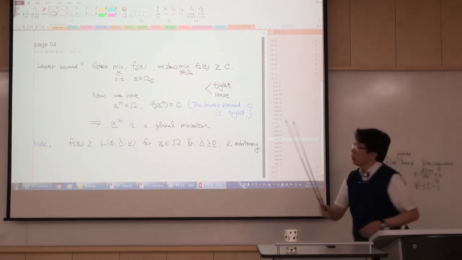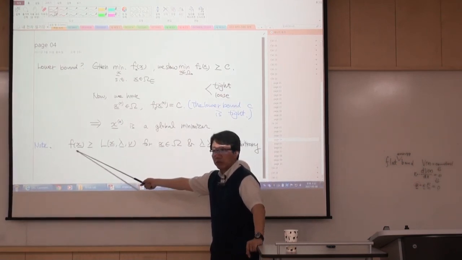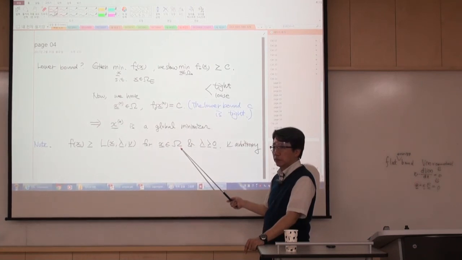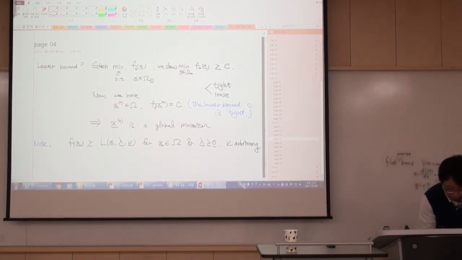You've seen already that L is a lower bound of our objective function value when x is in omega. Am I right? And lambda, nu. And now let me write it this way.